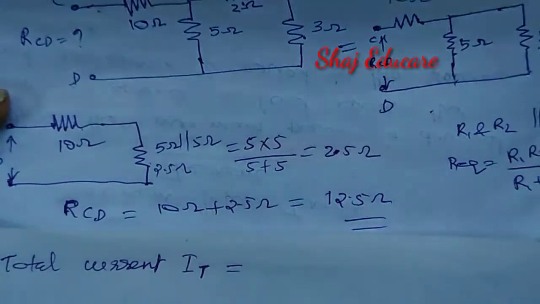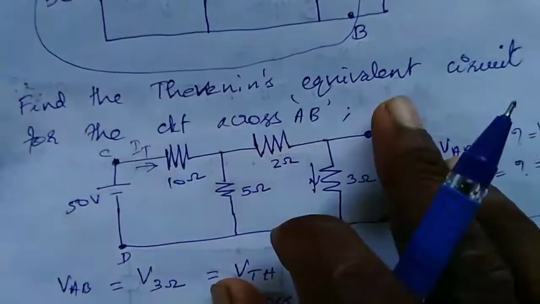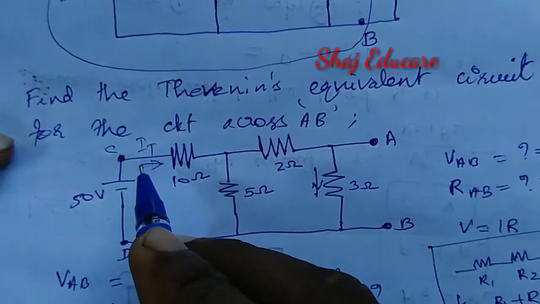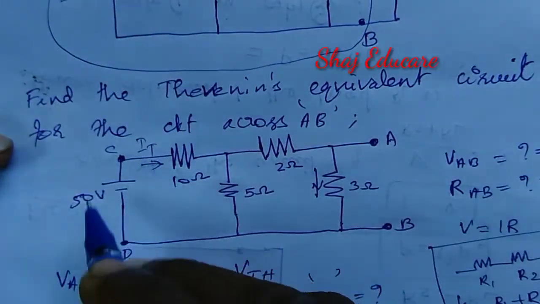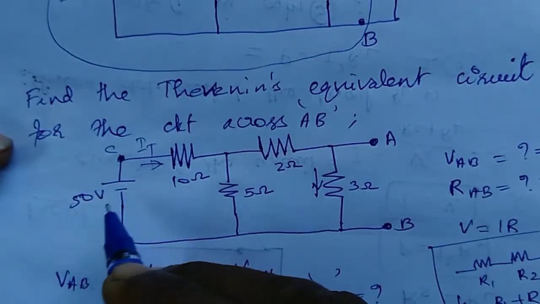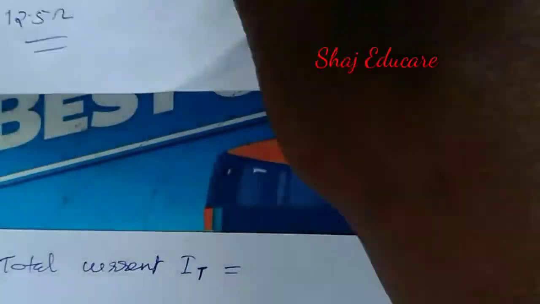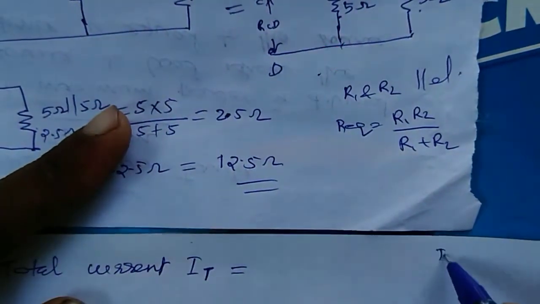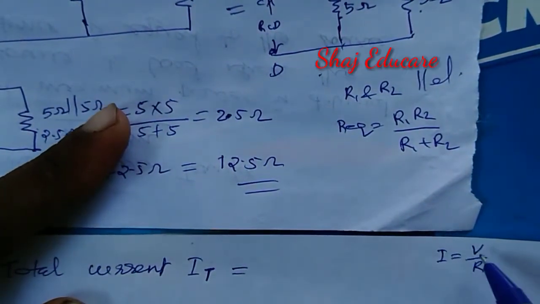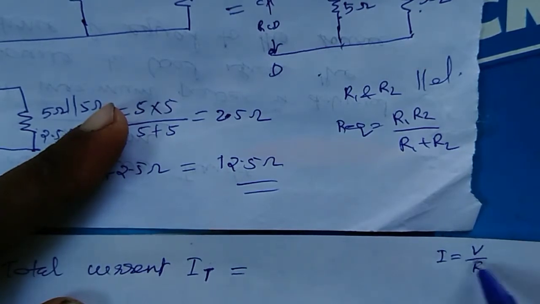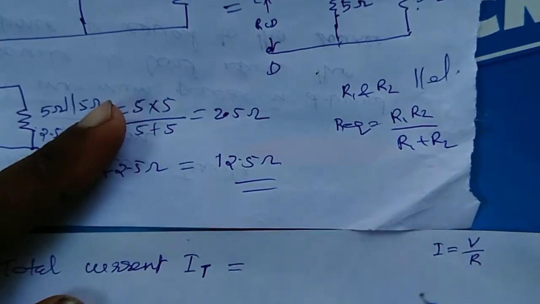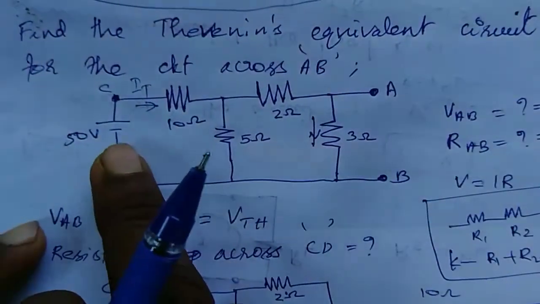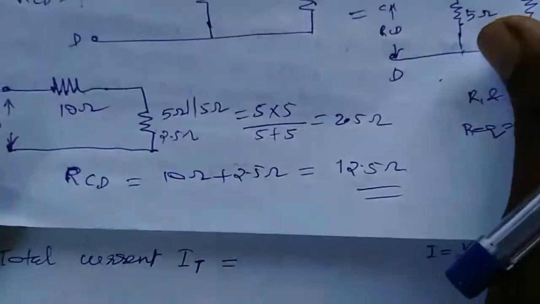What is the total current in our circuit? This is IT, the total current supplied by this 50 volt voltage source. Again, simply by Ohm's law, I equal to V by R, that is potential drop divided by total resistance. What about the voltage supplied by this voltage source? That is 50 volt.